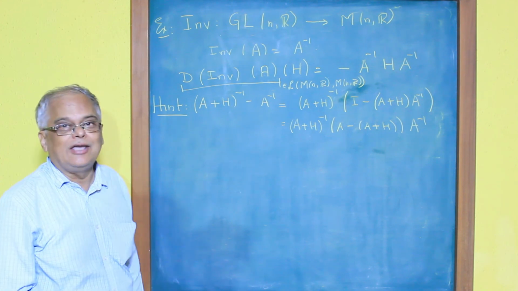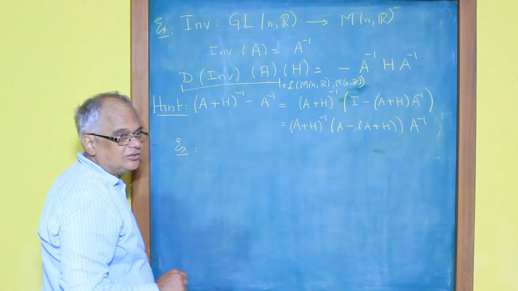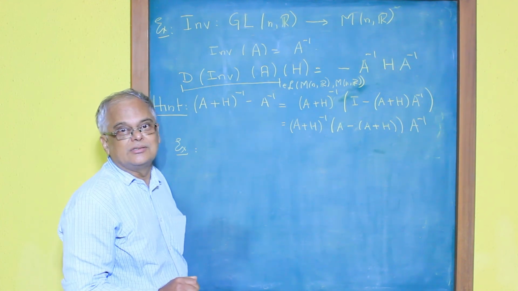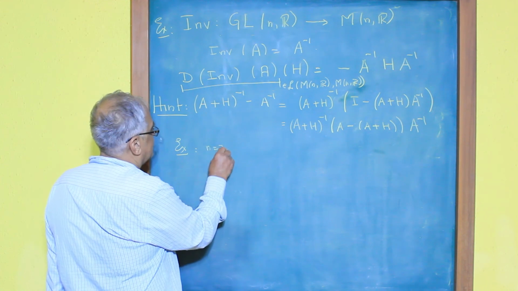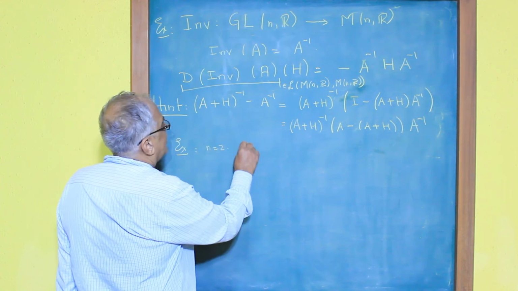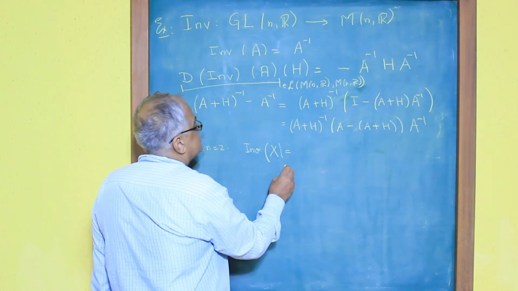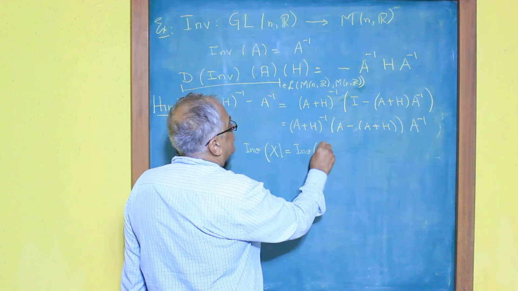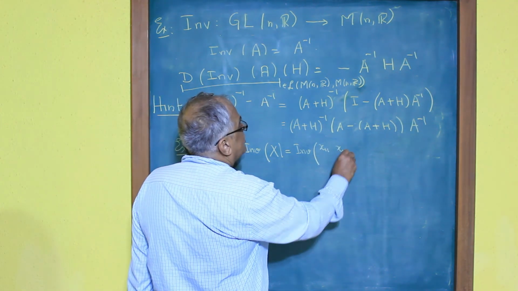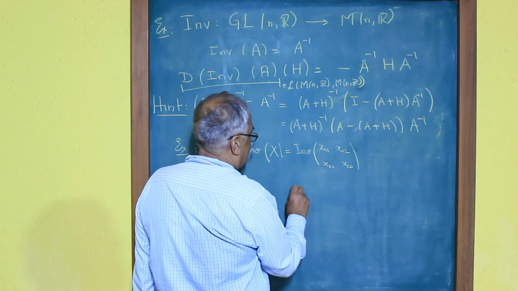And the exercise here again is, even in the case n equal to 2, try to do this calculation of finding the derivative of the inverse. So what is the definition even when n is equal to 2? Inv of x, which is the matrix x11, x12, x21, x22. What is it equal to?